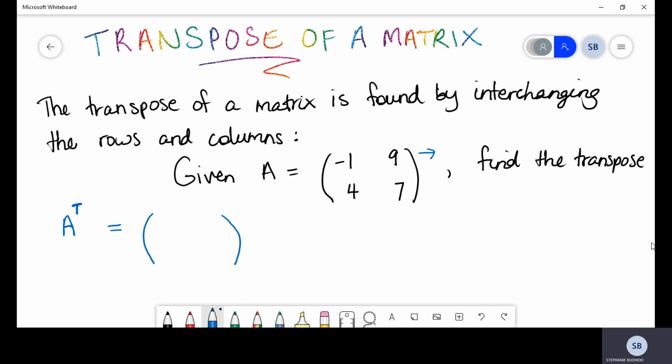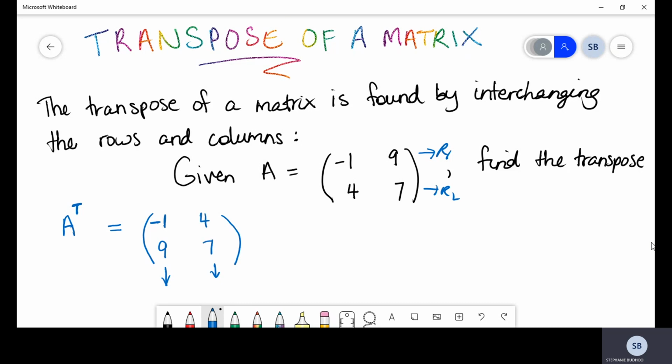What we're going to do is write that vertically instead. And that was row 1. We're also going to transpose row 2. We had 4, 7 written horizontally. Now we're going to write it vertically so that it becomes 4 with 7.